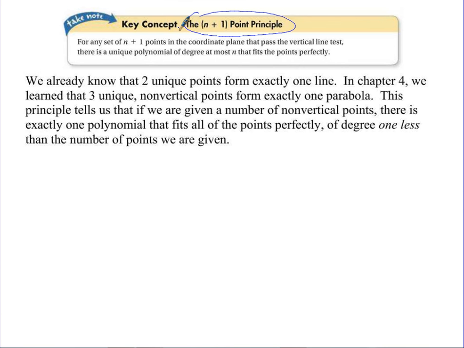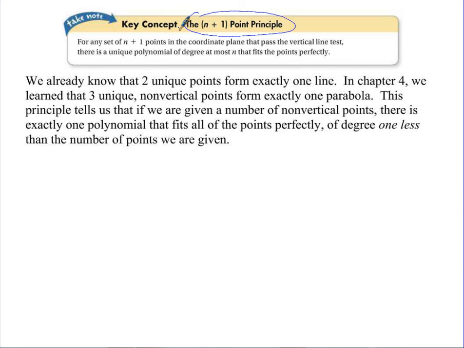If you remember back to a couple chapters ago when we learned about making a parabola fit, how many parabolas go through exactly 3 points? 1 parabola. So in other words, in order to make a parabola, how many points do I have to have? 3. In order to make a line, how many points do I have to have? 2. What is the degree of a linear function?